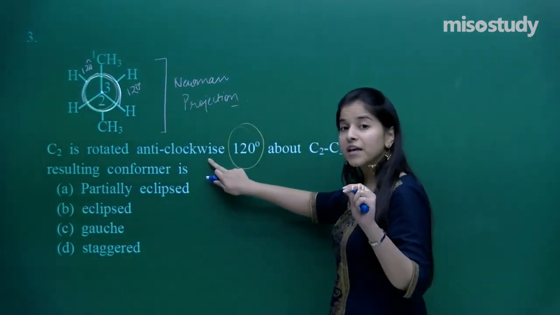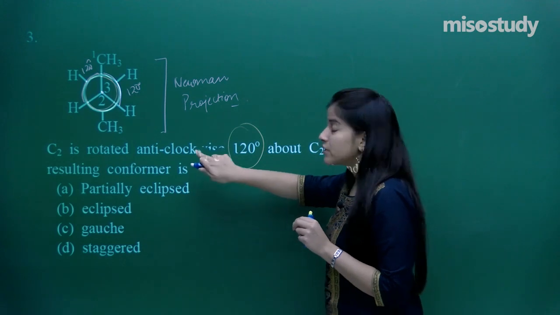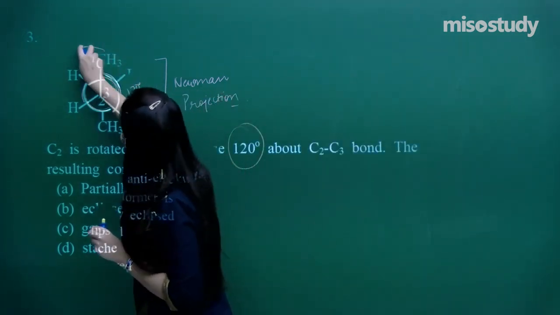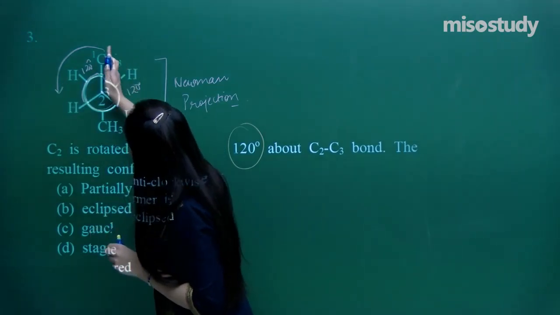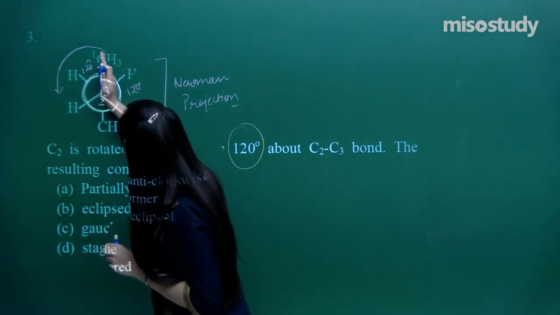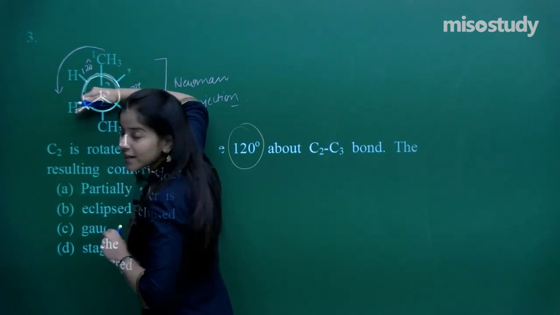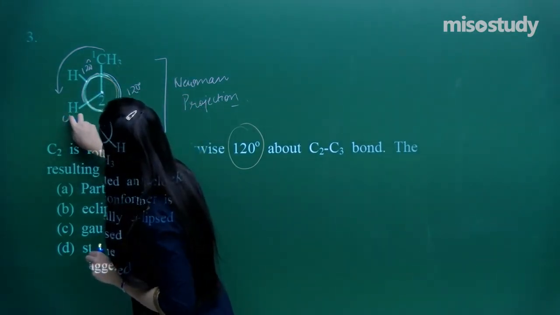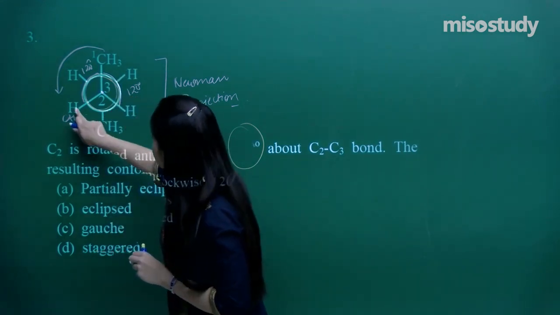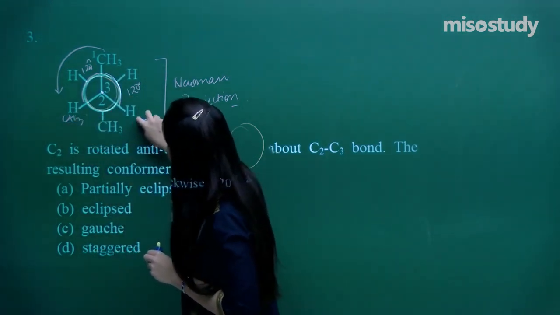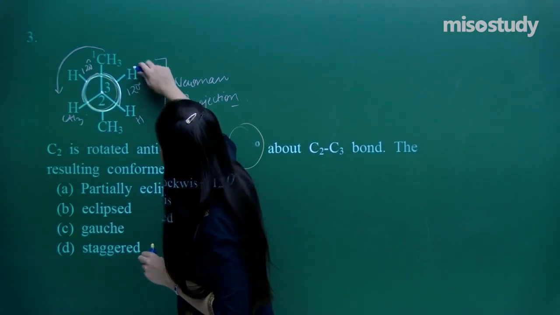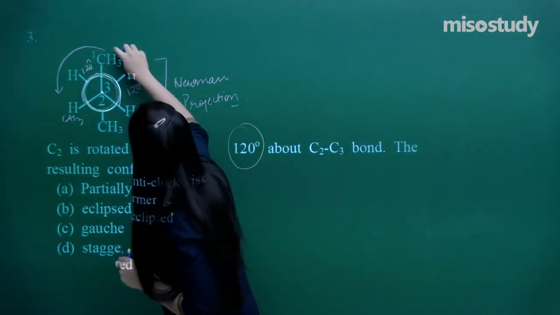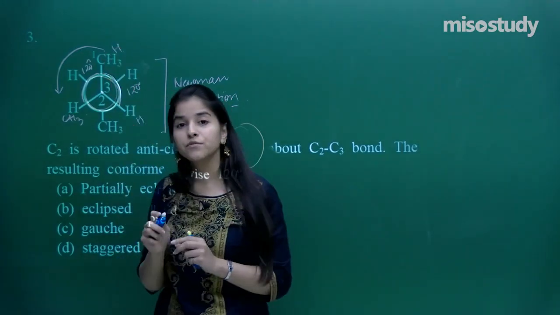Just be careful while reading the question: anti-clockwise means I need to go in this direction. So covering a 120 degree angle, I get CH3 over here. Again this H will be shifted onto here and this H will be shifted onto here.